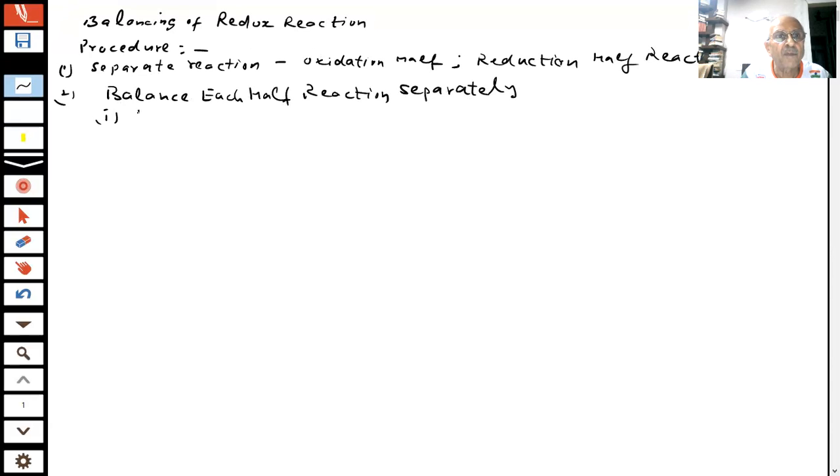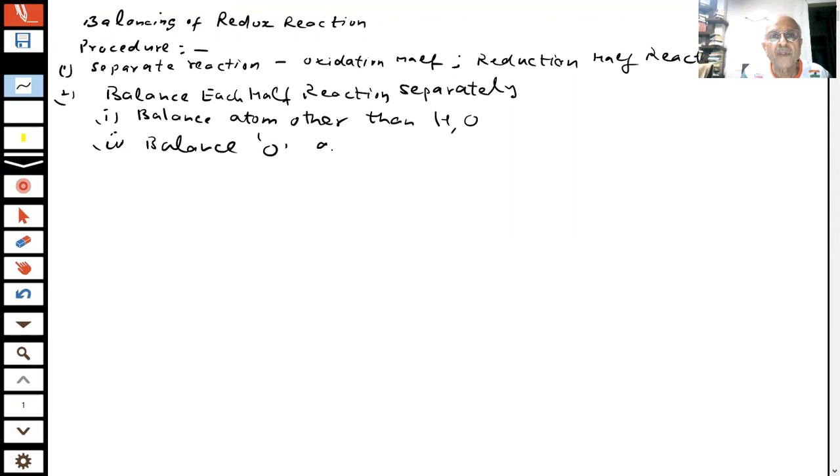First, you balance the atoms other than hydrogen and oxygen. The second step is to balance the oxygen atoms: you add H2O to the side which is deficient in oxygen.